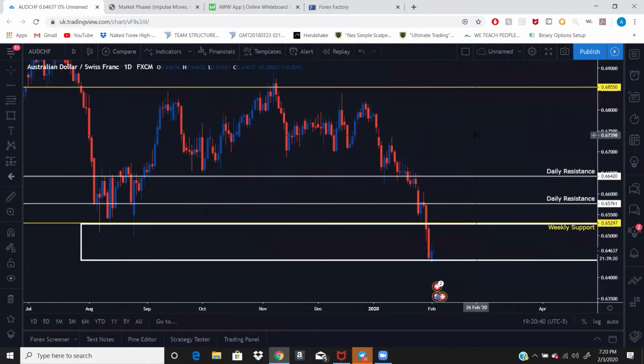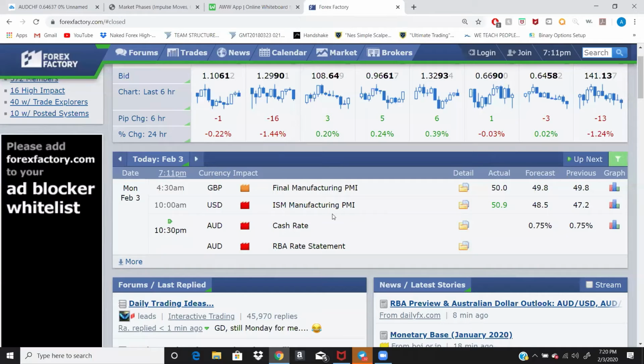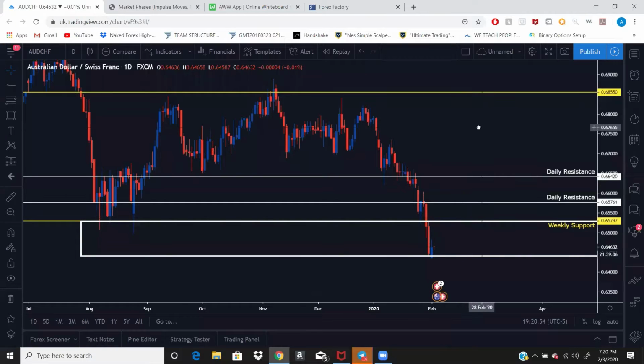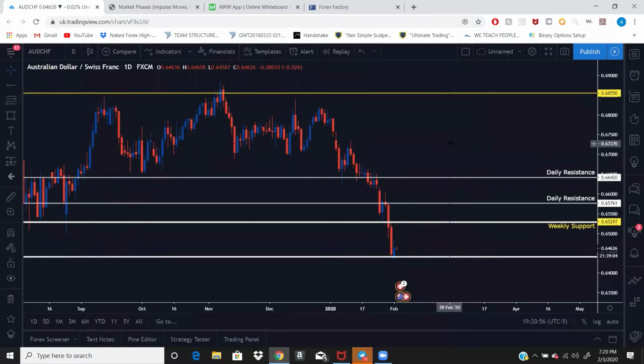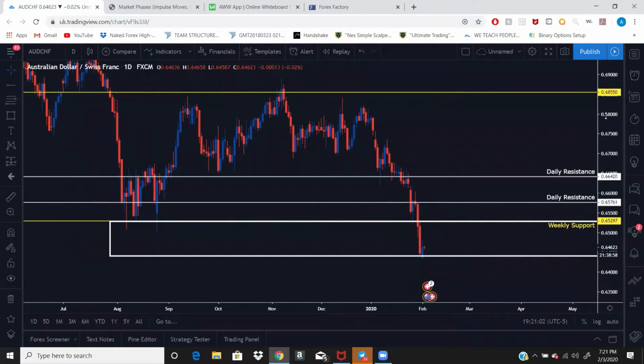And if the AUD news that we have in about 2 hours and 10 minutes comes out bullish for AUD as I expect, this will definitely start recovering big time. So I'm holding this still.